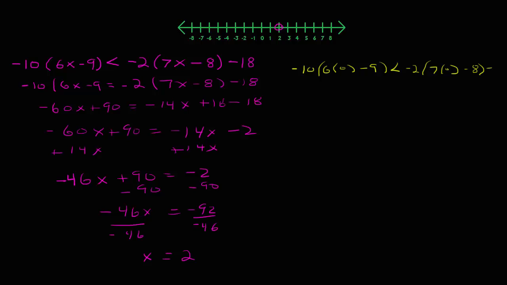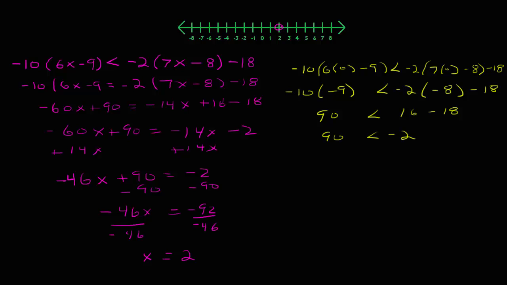So I get negative 10 times 0 minus 9. 0 minus 9 is negative 9. Is that less than negative 2 times negative 8 minus 18? We end up with 90 less than 16 minus 18, and we get 90 is less than negative 2. That is not a true statement. So 0 did not work.